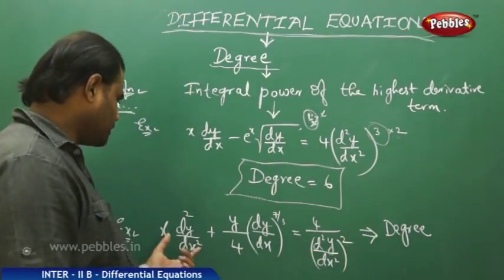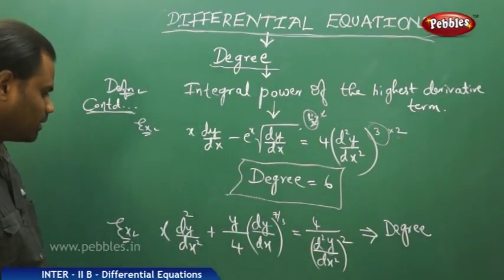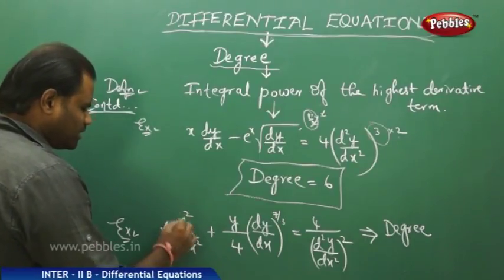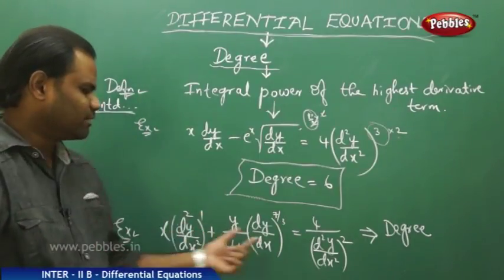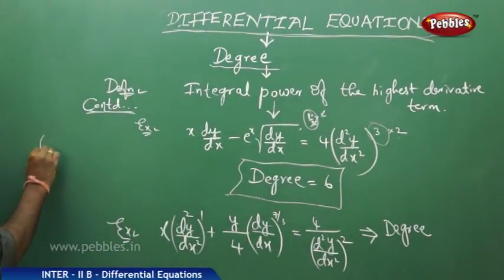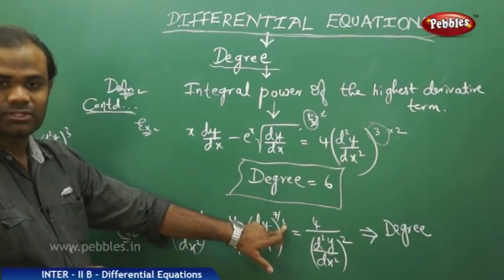Then the highest derivative is d square y by dx square, and this gets multiplied with this to get 3. So on cross multiplication I get d square y by dx square whole power 3, but again I have this fractional power.